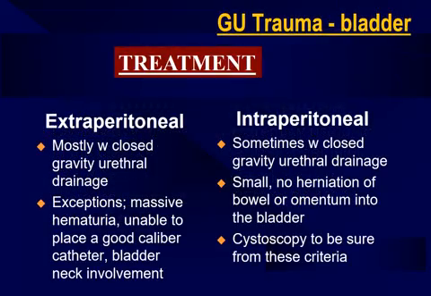How should we treat bladder trauma? In general, extraperitoneal small trauma is considered a case for watchful waiting, putting in a catheter, taking care not to have infection, replacing any blood or fluid loss in such a patient, and that's it, except if we have a massive hematuria or suspicion of a bladder neck injury, because this in the future will have very important complications if not managed properly.